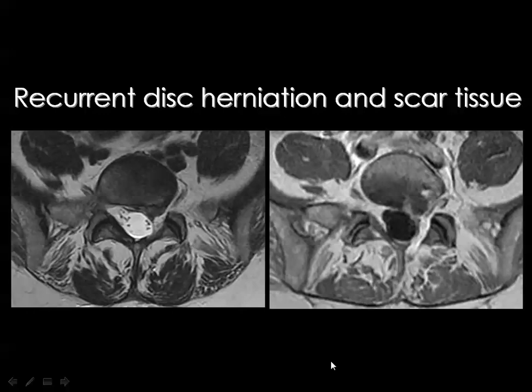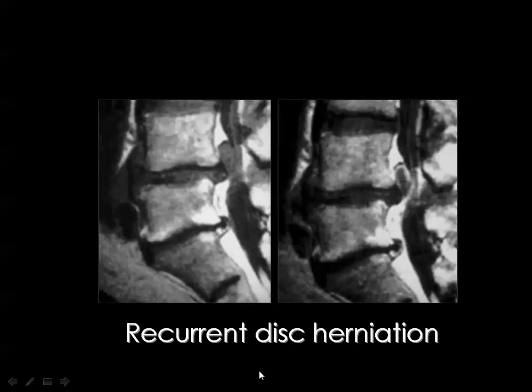Then in this example, an axial T2 weighted image, you see a lesion here. This may represent disc or scar tissue or both. Then after injection of contrast, you see that the periphery of the lesion is enhancing, representing the scar tissue, while the central part of the lesion is not enhancing, representing the disc lesion. Then this is a recurrent disc with postoperative scar tissue as well.